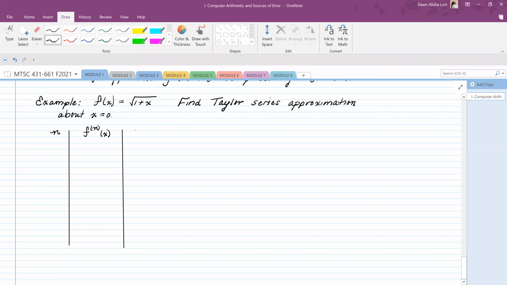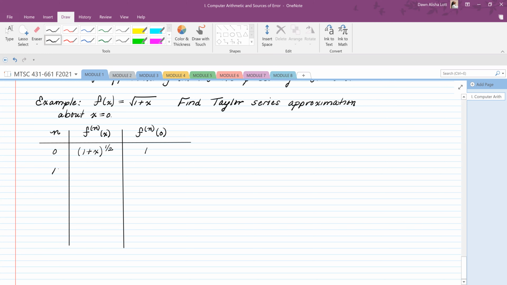First thing is when n is 0, the 0th derivative is literally just 1 plus x to the 1/2 power. When I evaluate that at x equal to 0, I just get 1.